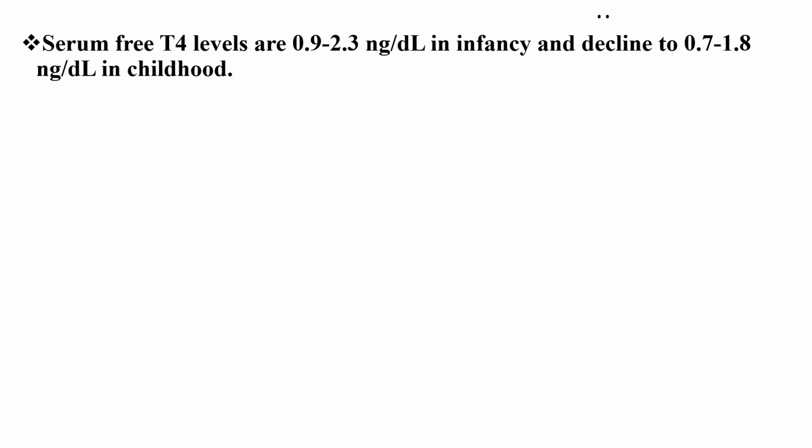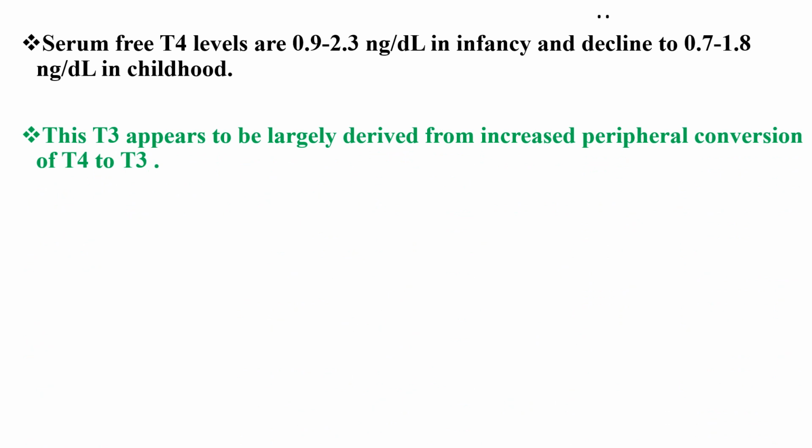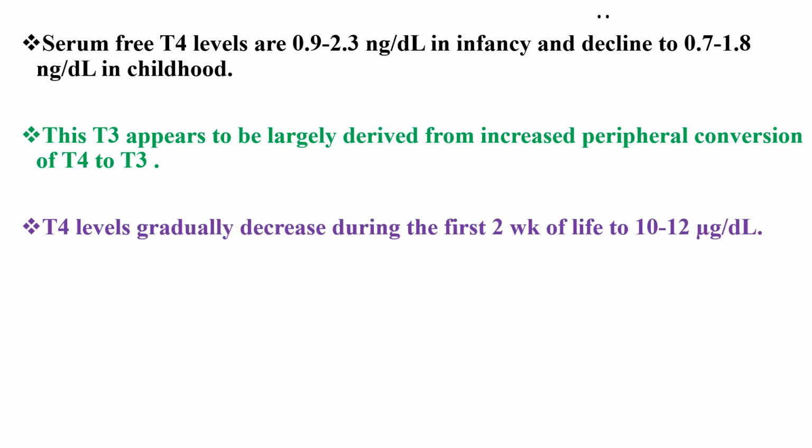Serum free T4 levels are between 0.9 to 2.3 nanogram per dl in infancy and decline to 0.7 to 1.8 nanogram per dl in childhood. This T3 appears to be largely derived from increased peripheral conversion of T4 to T3. T4 levels gradually decrease during the next 2 weeks of life to 10 to 12 microgram per dl.